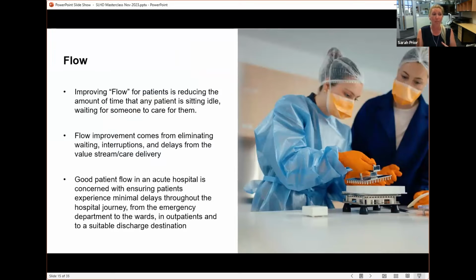Flow improvement comes from eliminating waiting, eliminating interruptions, eliminating delays. And good patient flow in an acute hospital is really concerned with ensuring that patients experience minimal delays throughout the whole hospital journey. So that could be from the emergency department to the ward, within outpatients, or when they're being discharged to a suitable destination.